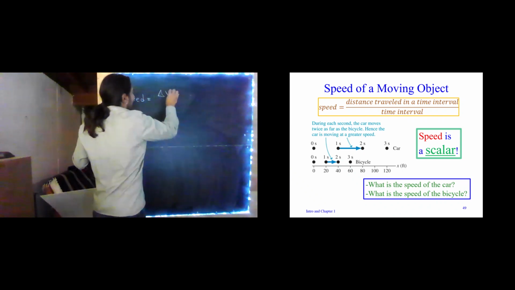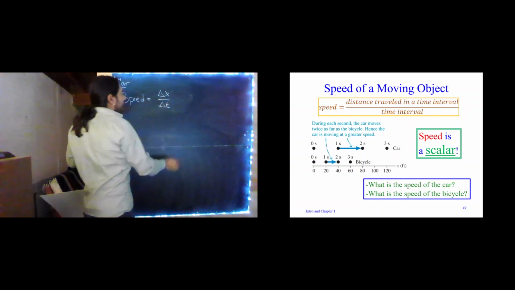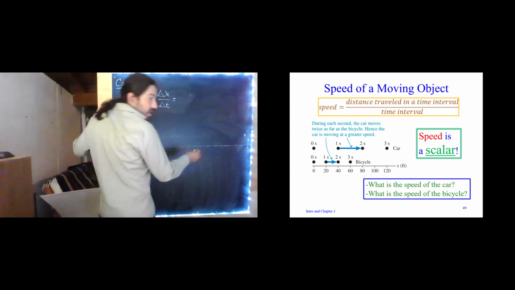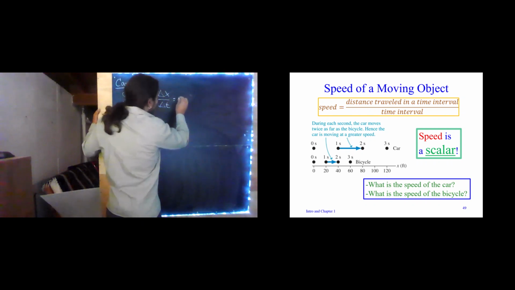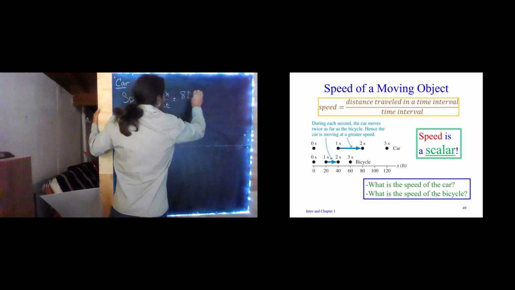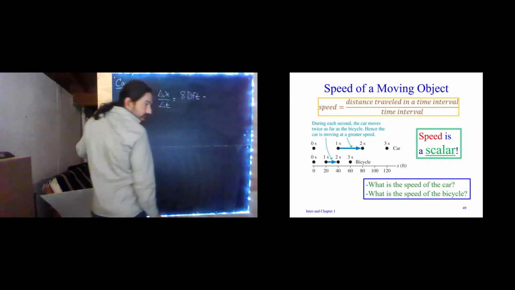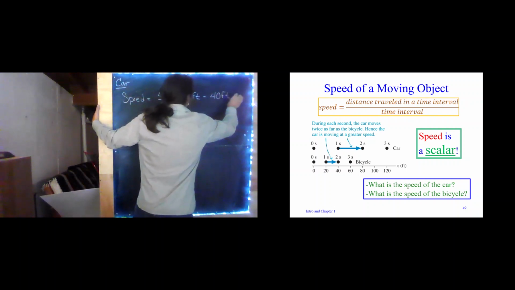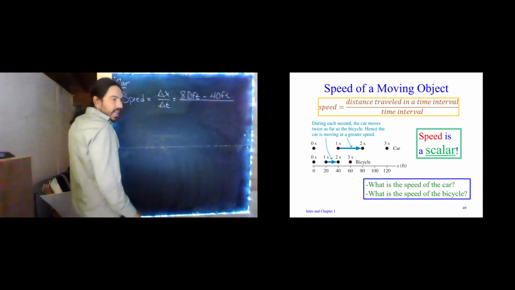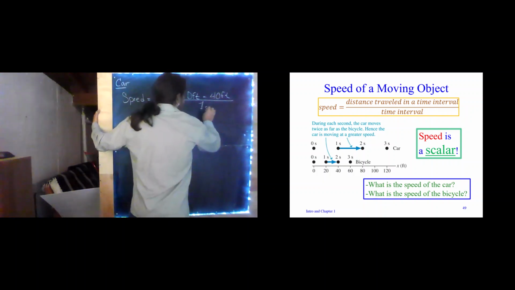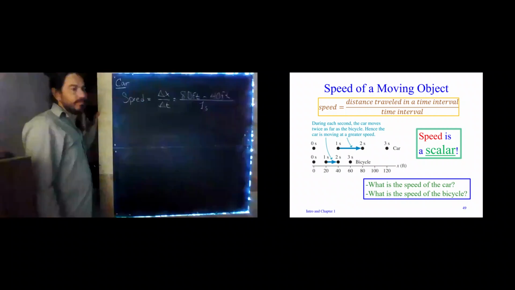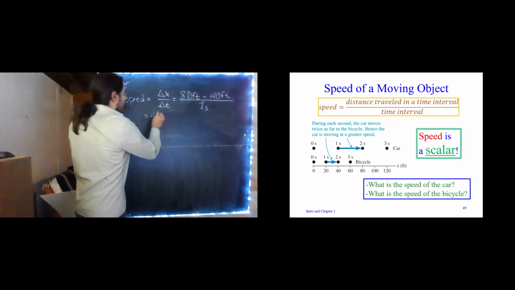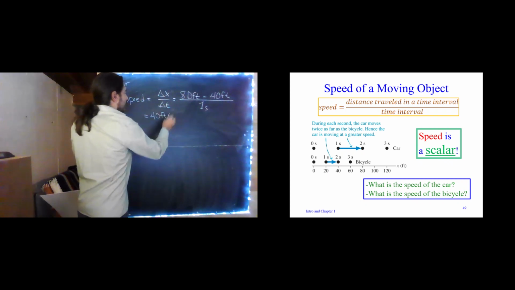Well, this is going to be delta x over delta t. X final minus x initial. It looks like the car ended up at 80 feet. And it started at 40 feet. And it took 1 second to get there. And so the speed of the car is 40 feet per second.